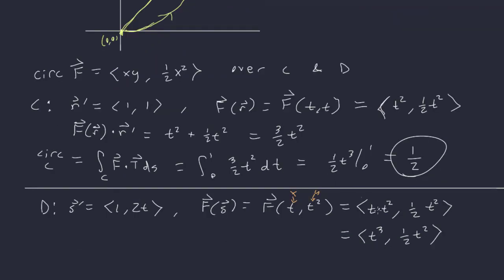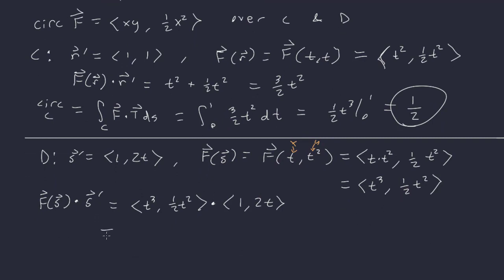All right, so now we need to take the dot product of these two. So F of S dotted with S prime is going to be, let me write them out again, the vector (t cubed, 1/2 t squared), dotted with the vector (1, 2t). And we're going to get t cubed plus 1/2 t squared times 2t. Well, that's going to be 2t cubed.